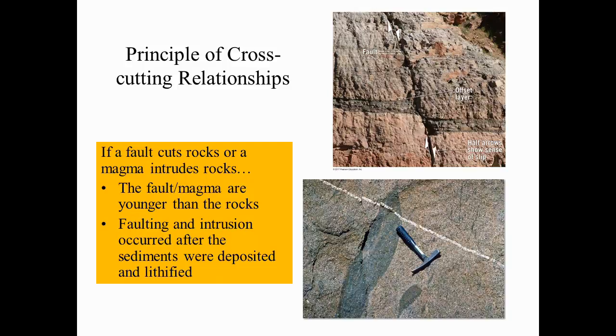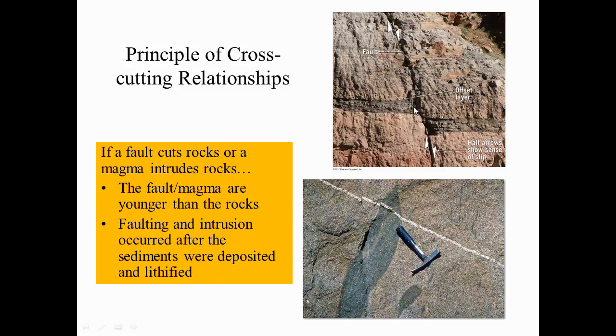Now, another important principle is cross-cutting relationships. This principle states that if a fault cuts rocks or magma intrudes rock, the fault or the magma have to be younger than the rocks that they cut. In other words, faulting and intrusion occurred after the sediments and sedimentary rocks were initially formed.